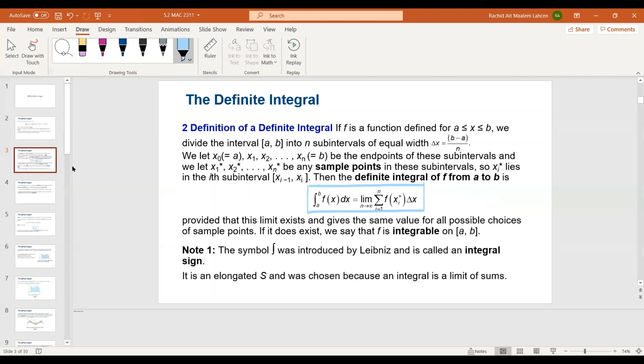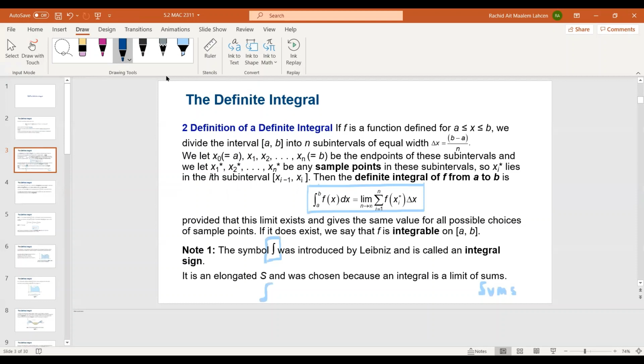Then the definite integral of f from a to b is this symbol here, which is by Leibniz and called the integral. I think it came from the story that it's a stretched S, kind of S based on the sums. All right, so what does this mean?